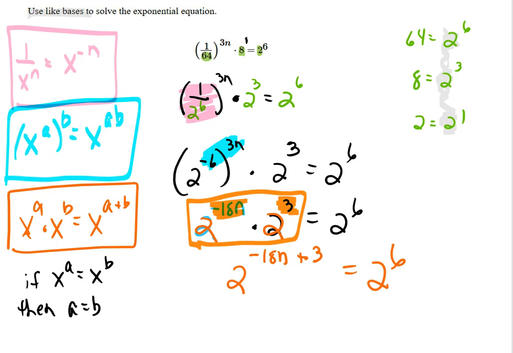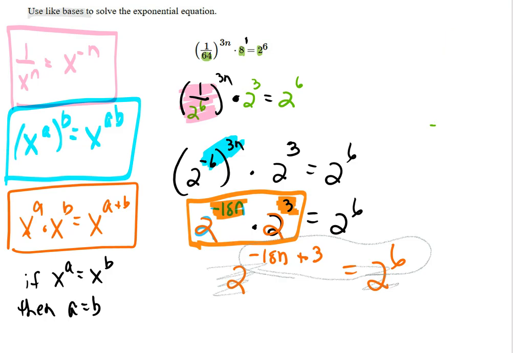Literally just gonna drop the bases and take the exponents and set them equal to each other, which I'm running out of room, so let me erase all my base stuff over here. And so I'm going to take the negative 18n plus 3 and set it equal to 6. And now solve it for n.